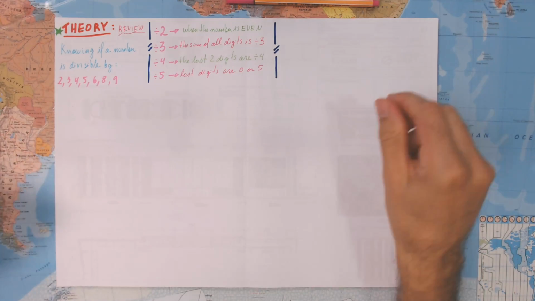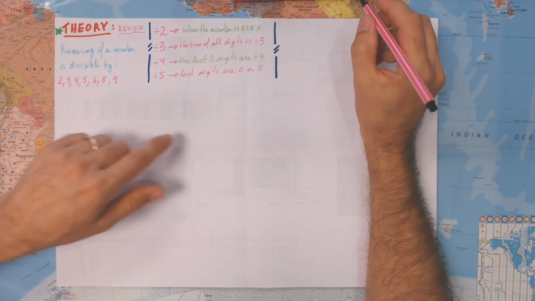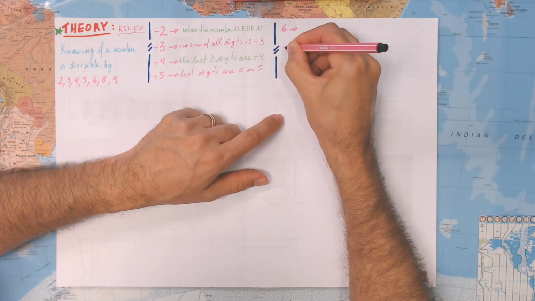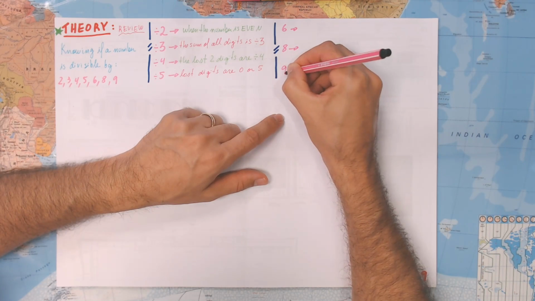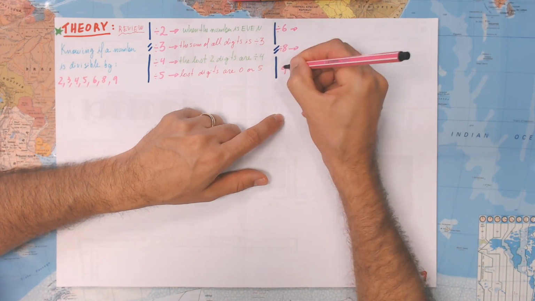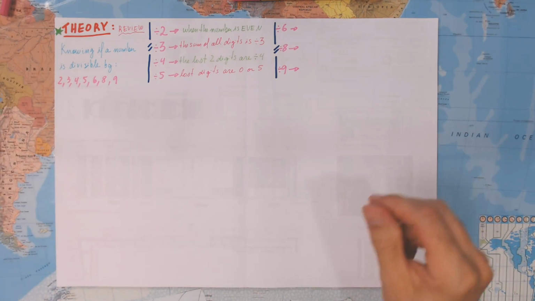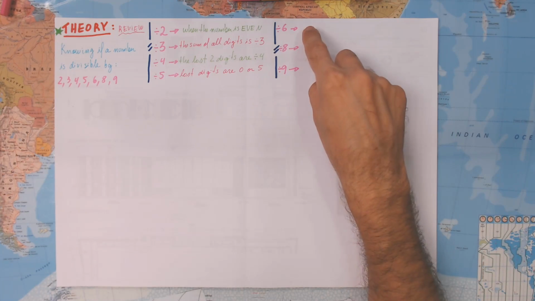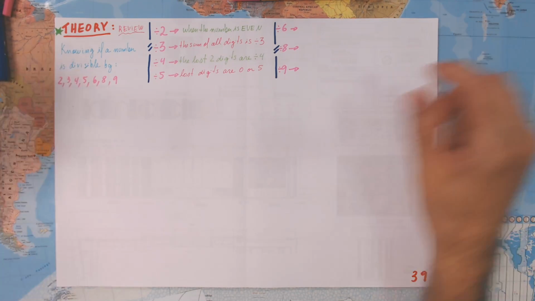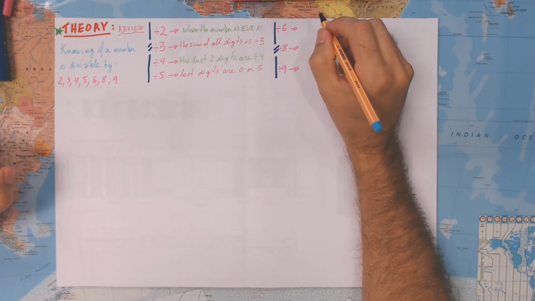Now, let's continue. It's going to be 6, then 8, and then 9. Let's put the blue color in here. Okay, and when is it divisible by 6?